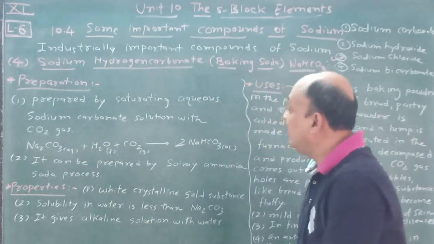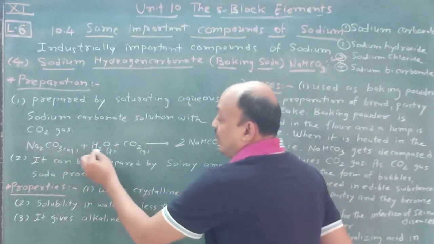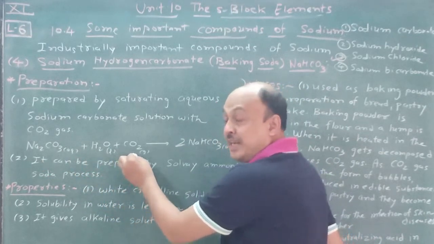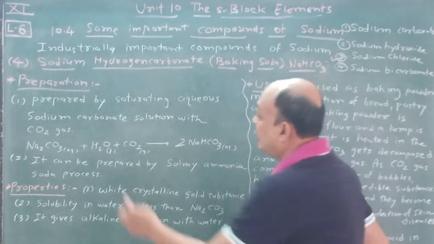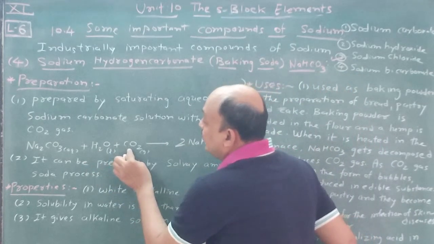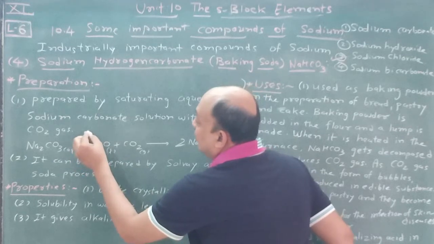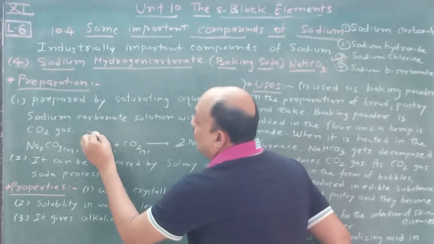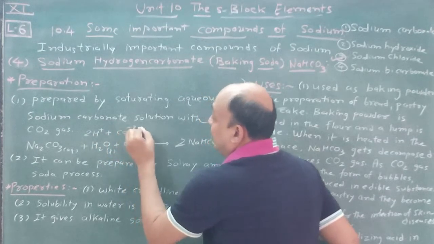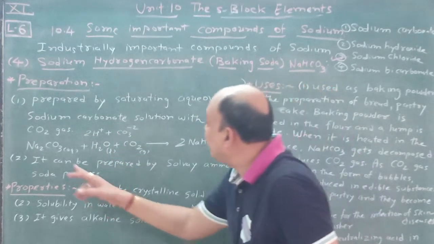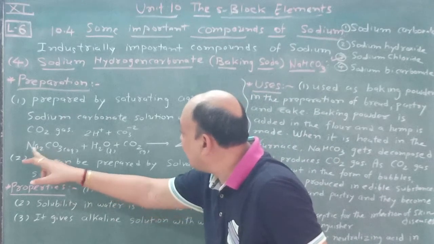It's very easy. Just see: Na2CO3 aqueous plus water plus carbon dioxide gives twice NaHCO3. So understand here, H2O plus CO2 gives H2CO3, which is twice H plus and CO3 minus 2. And that's why here you see CO3 minus 2 and twice Na plus.